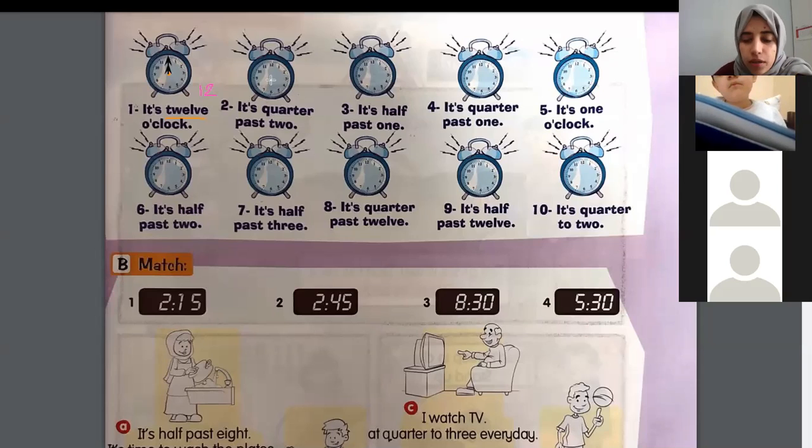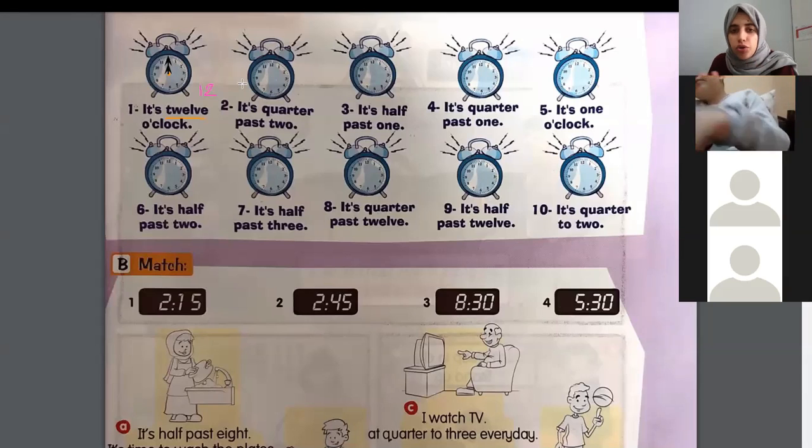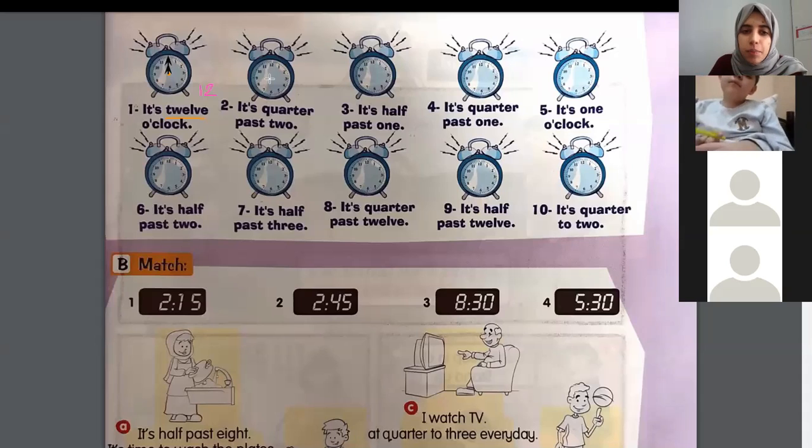12. If it's at 12, it means it's a clock. There's no quarter or half if it's 12. If it's 2:15, the long hand needs to be at 3 always. Okay? Bushra, there's a lot of noise in your background.